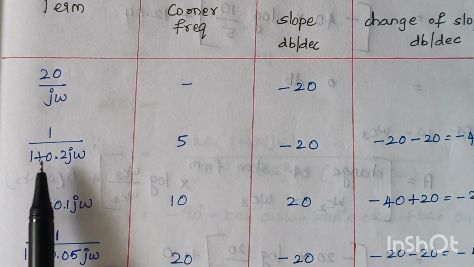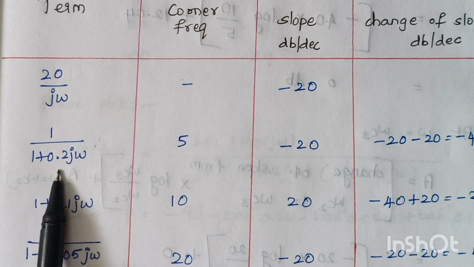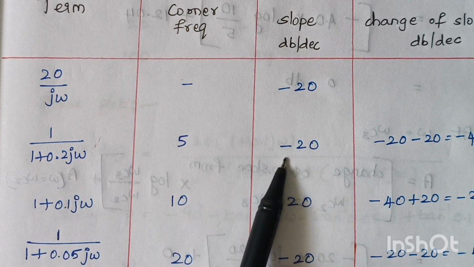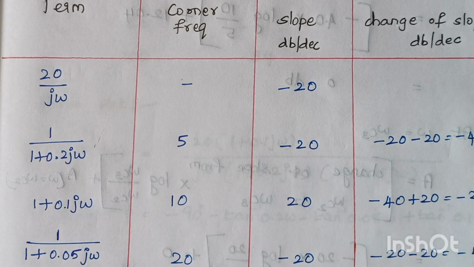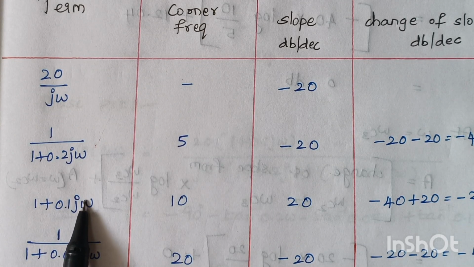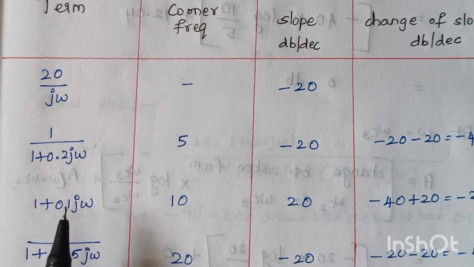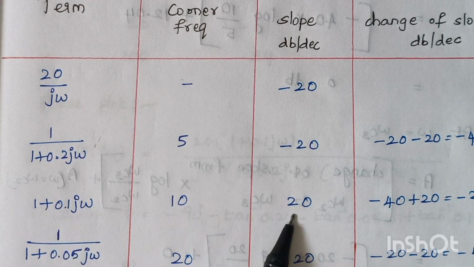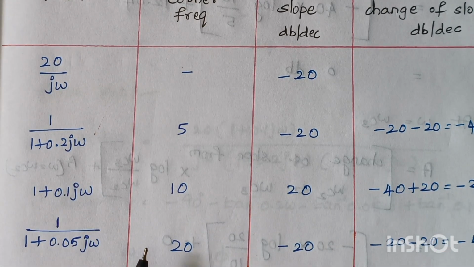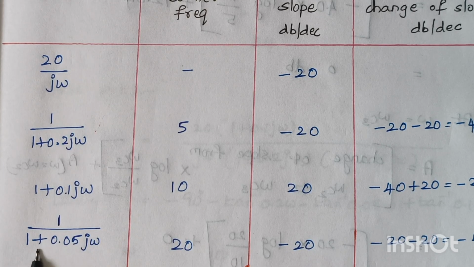Similarly, here also the omega term lies in the denominator, so it produces minus 20. But here our omega lies in the numerator part. So what is the value of slope it provides? It provides a slope of plus 20. And here again we have an omega term that lies in the denominator, so this produces a slope of minus 20.